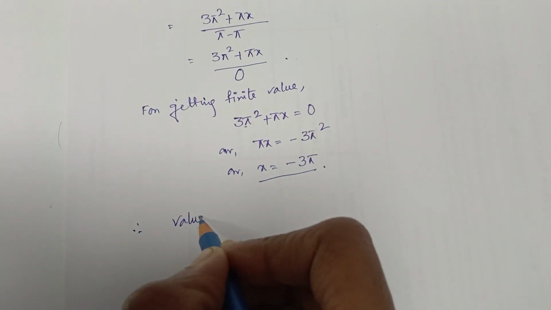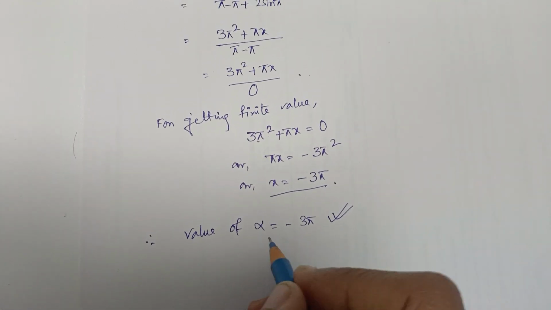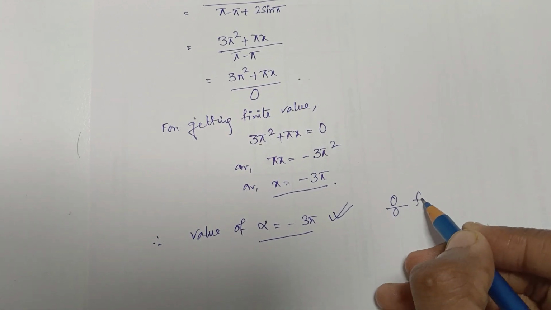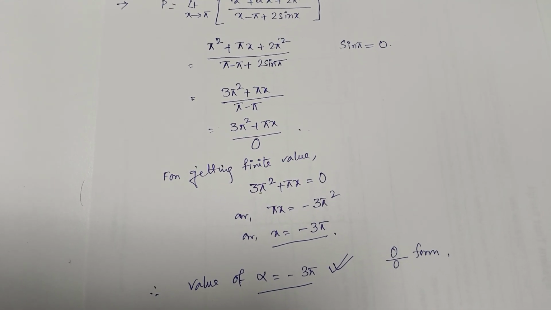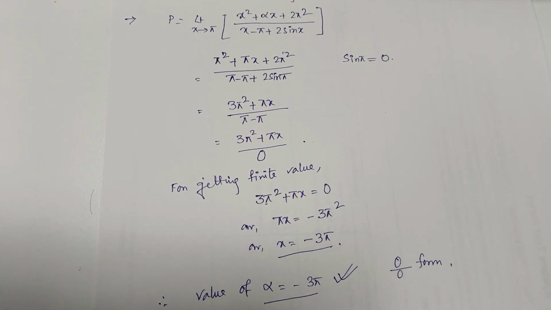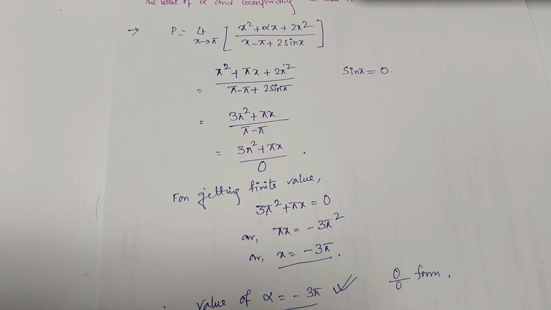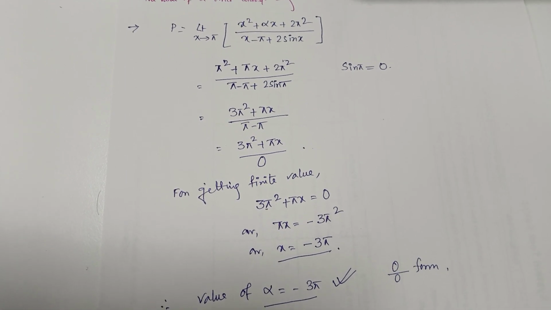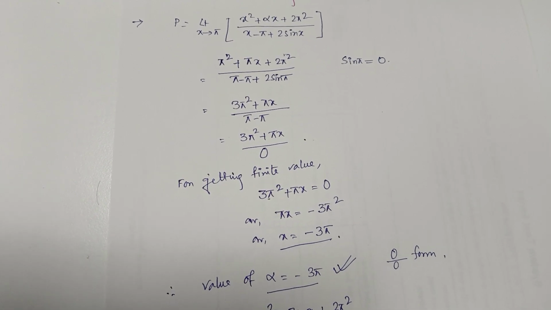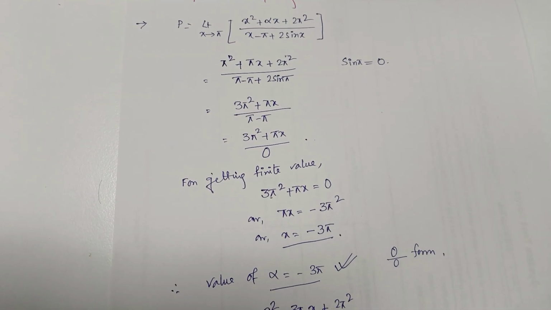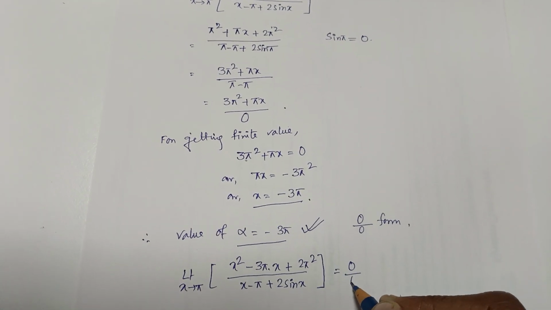So the value of alpha is minus 3 pi. If alpha is equal to minus 3 pi, we get the 0 by 0 form. Putting in the value, the limit as x tends to pi of x square plus minus 3 pi into x plus 2 pi square upon x minus pi plus 2 sin x gives the 0 by 0 form.